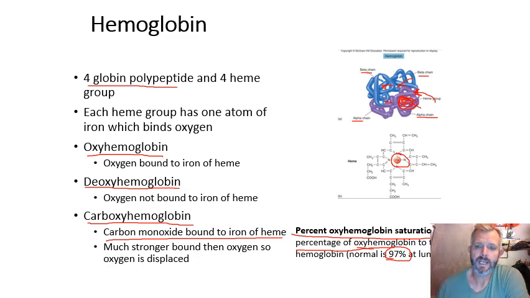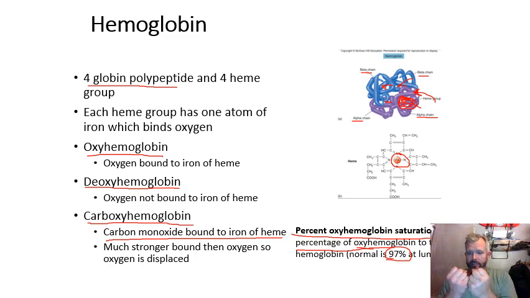One thing you have to realize is we bind oxygen here, but this binding has to be reversible. We want oxygen to bind to hemoglobin at some points, but at other points we want hemoglobin to release the oxygen so the oxygen can go to the tissue. So we have to have this reversible bond, and we're going to see this bonding can differ under differing conditions.